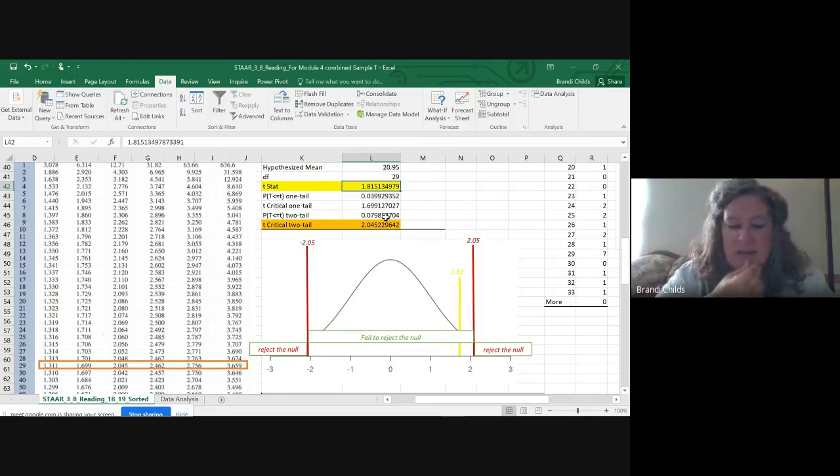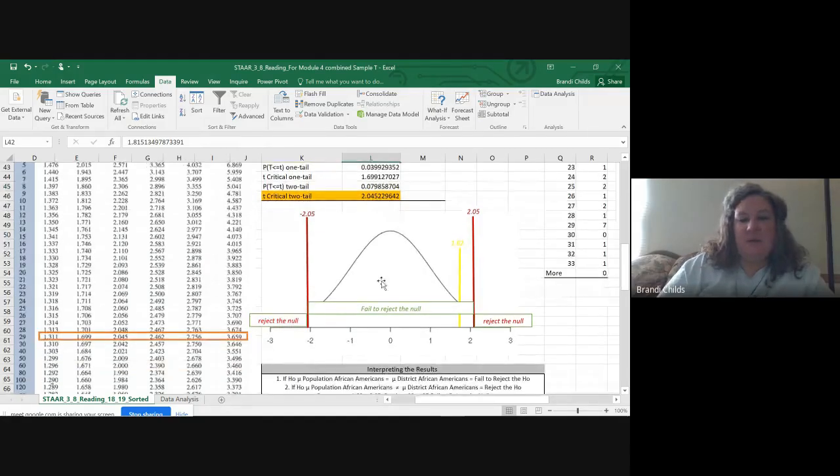Are those means significantly different or not? So in this case, you'll see by where the 1.82 falls, it is in between these two. So it's fail to reject the null and simply saying that these means are not significantly different. However, if it would have been past either the front tail or the back tail, then we would reject the null.